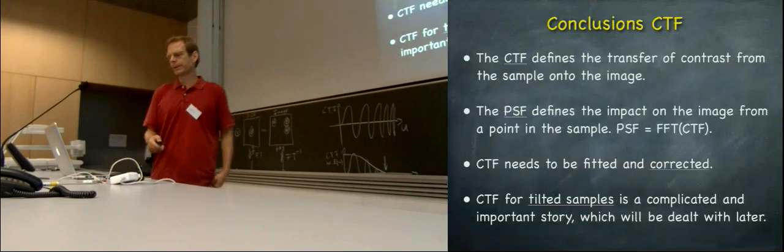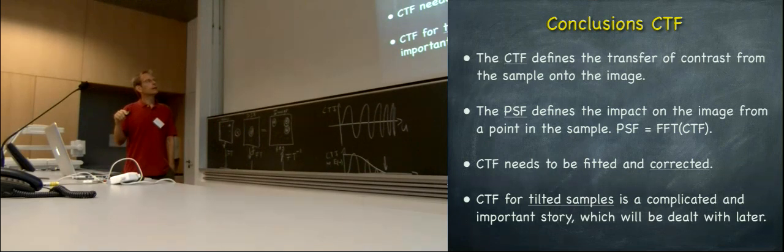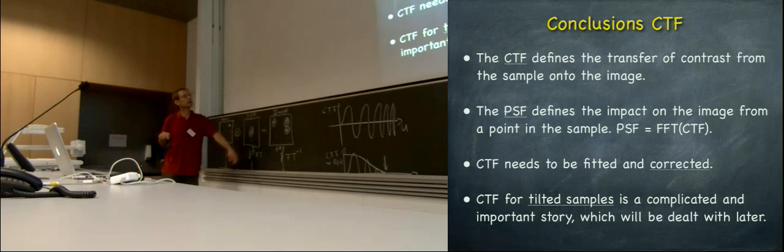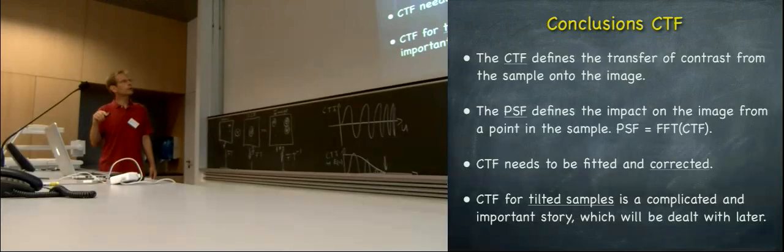So, conclusions. The CTF, the contrast transfer function, defines the transfer of the contrast from the atomic sample onto your image in Fourier space. In real space, you call this the point spread function, which defines the impact on the image from a single point in the sample.